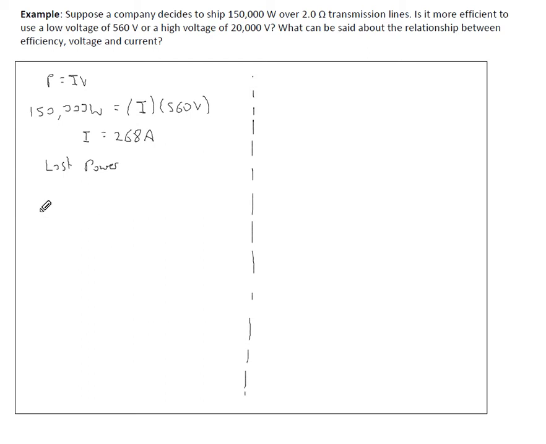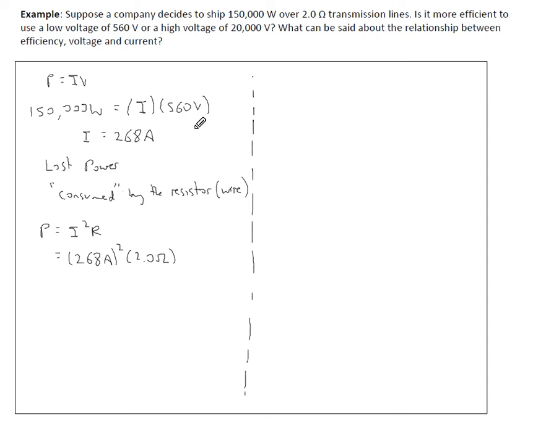So P is equal to, let me just write that down nicely, consumed by the resistor. In this case, the wire, as it travels from where we're getting our energy from. So P equals I squared R, 268 amps squared, 2.0 ohms.